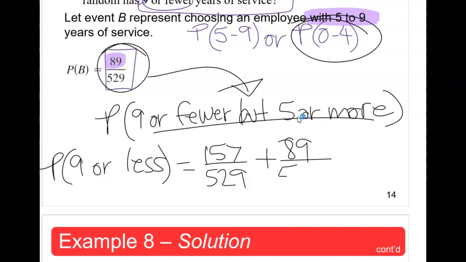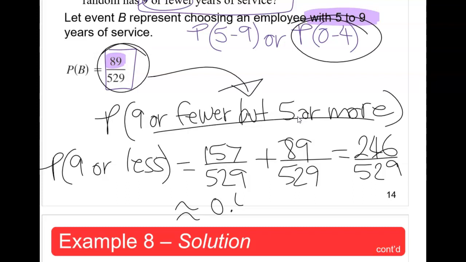89 over 529. So if we calculate that, it will be 157 plus 89, which is equal to 246 divided by 529. And that gives us approximately 0.465.